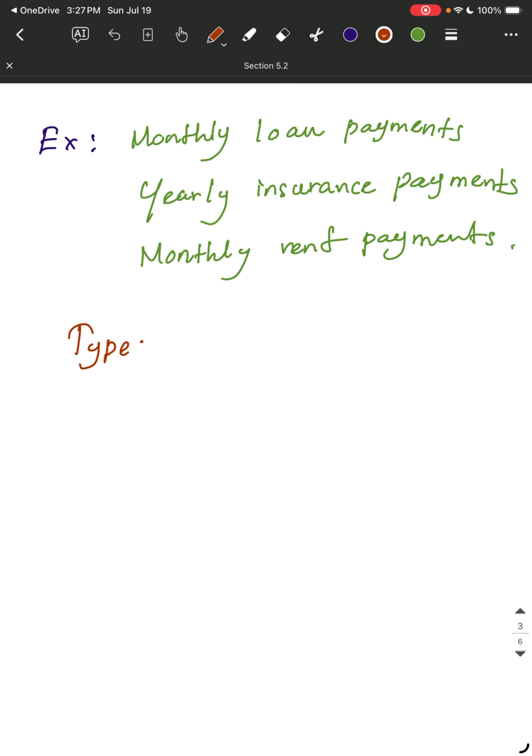There are two main types of annuities. The first one is the ordinary annuity.